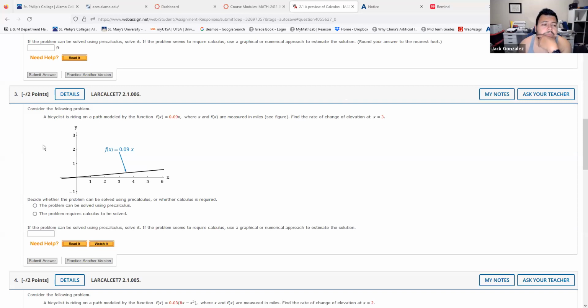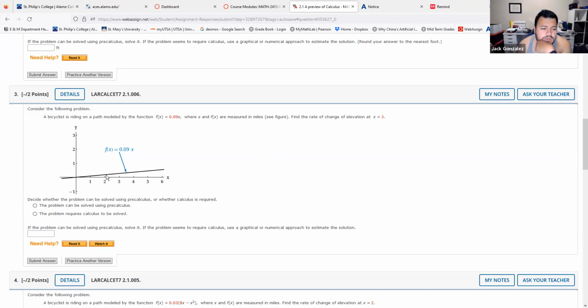Number three, a bicyclist is riding on a path modeled by this function here. It's just a basic line, right? Slope is 0.09. It's a linear power 1, where f(x) and x are measured in miles. Find the rate of change of elevation.